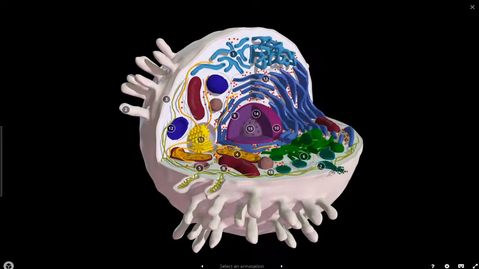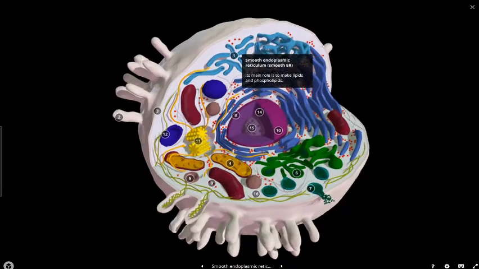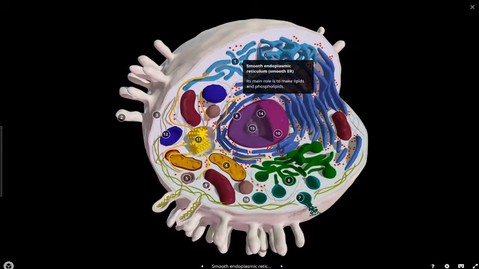So we've looked at a plant cell, so now let's look at a particular animal cell and compare and contrast the differences between a plant cell and an animal cell. So just like a plant cell, the animal cell contains a smooth endoplasmic reticulum, and its main role, just like in a plant cell, is to make lipids and phospholipids for the cellular membrane.